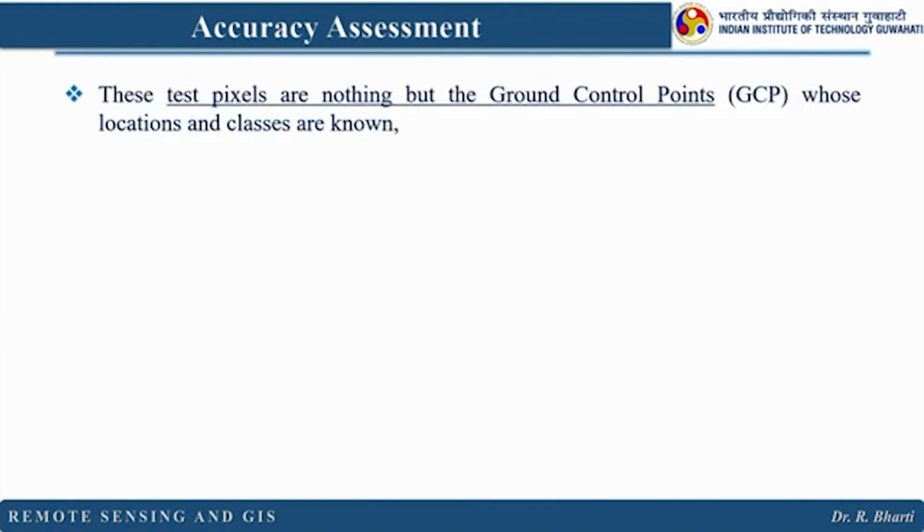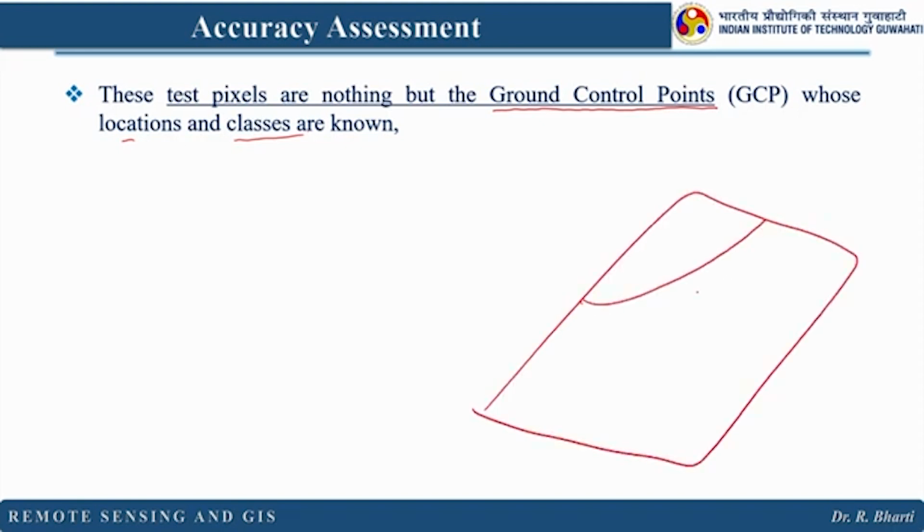So here we will understand it. These test pixels are nothing but the ground control points which we have plotted on the classified image, collected from the field. So here, what are the things we know? We know the location and the class, right. So you had a classified image and here suppose let us say it has 3 classes.